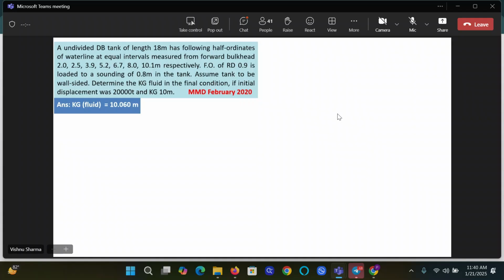So I don't know. Guys, in ship stability, when the question is not conveying to you whether something is full or slack, we have to make an assumption. Either I can assume that it is full or that it is slack.